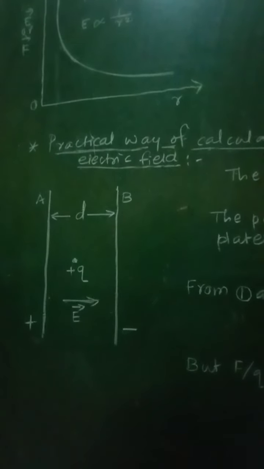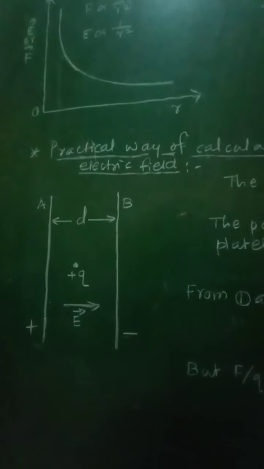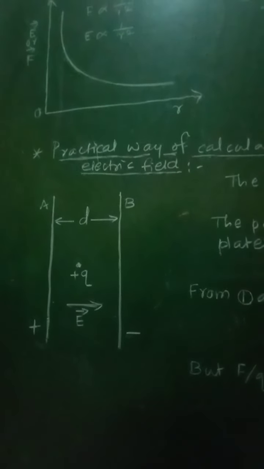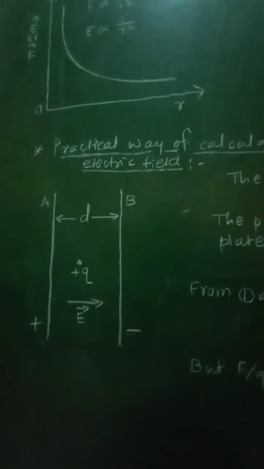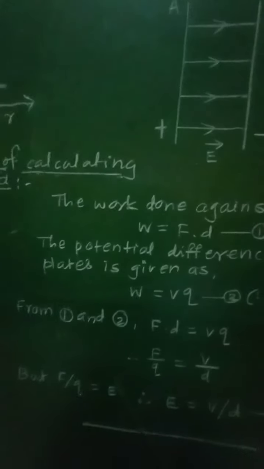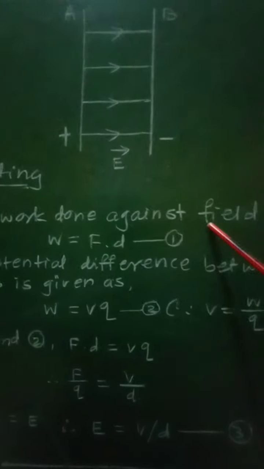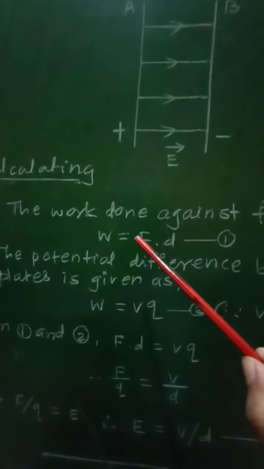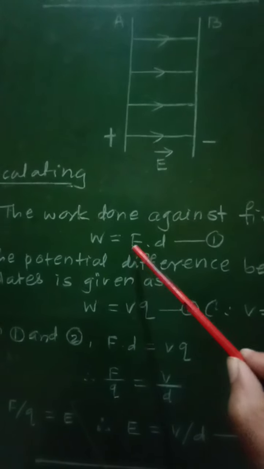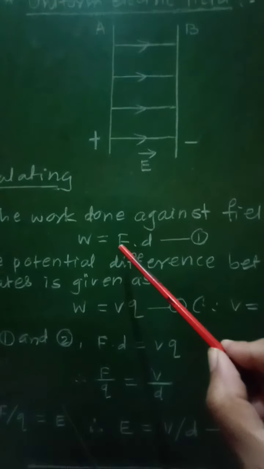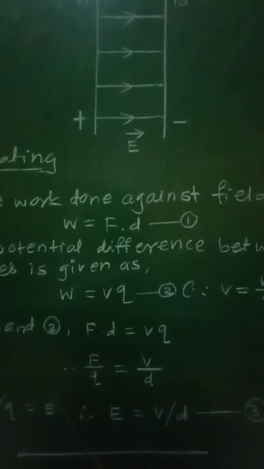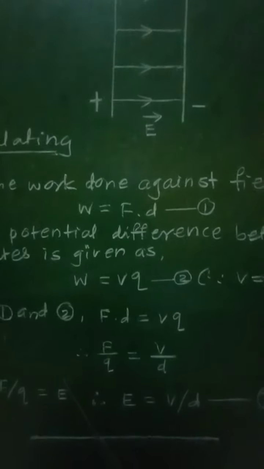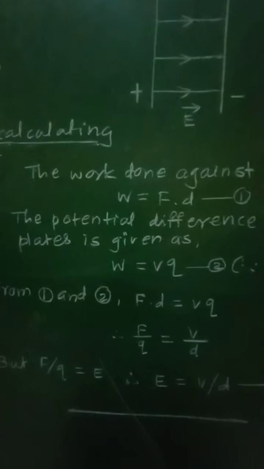And therefore, to move that plus q charge from negative plate B to positive plate A, the work done against the electric field will be given as work done equal to force into displacement, that is W equals F into D, equation number 1, where F is the electrostatic force between them and D is the distance of separation between the plates.